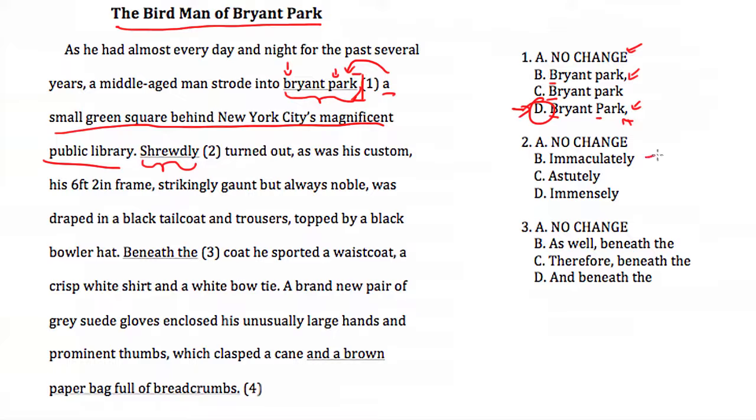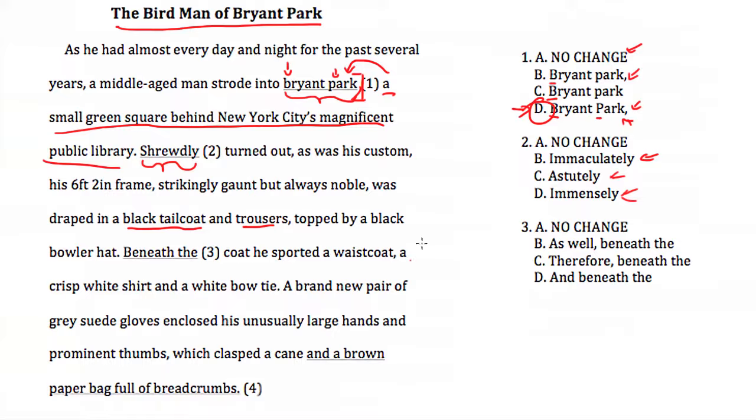We can replace it with immaculately, or astutely, or immensely. Now typically shrewdly means something close to intelligent, or observant, or wise. But this sentence is talking about how he's dressed. And he's dressed up. He's wearing a black tailcoat and trousers. So, is he intelligently dressed?